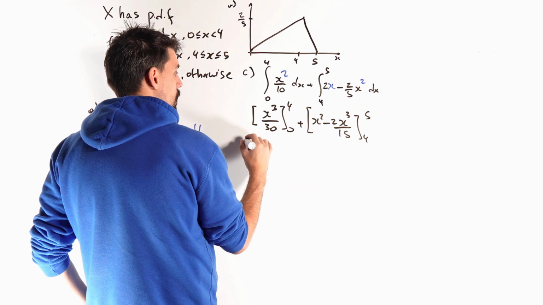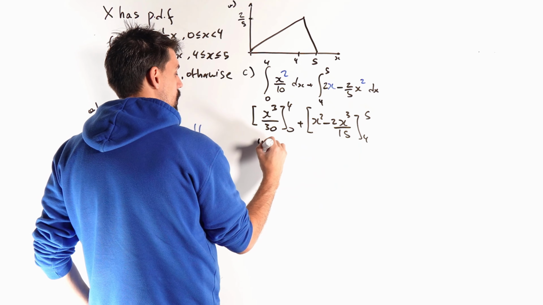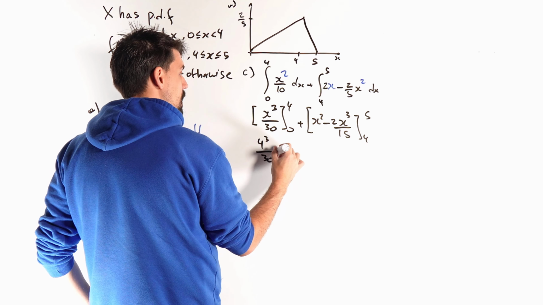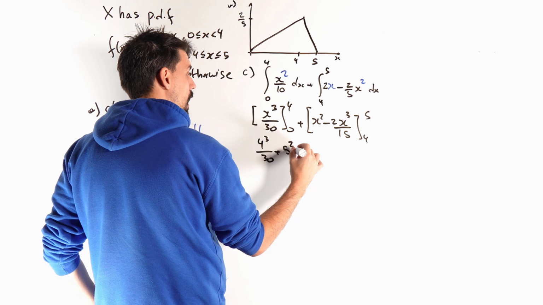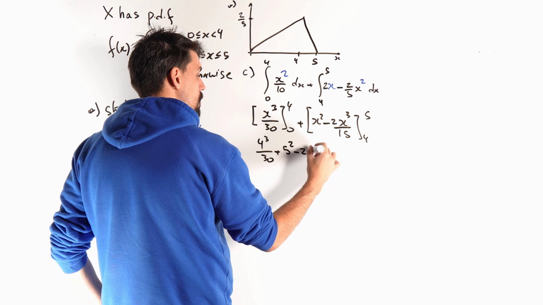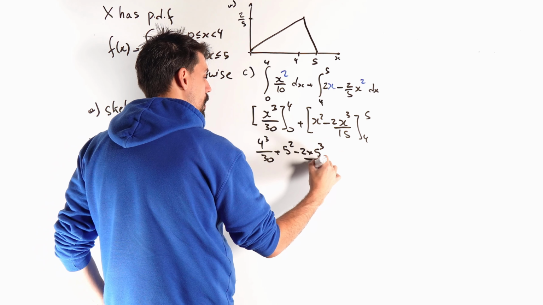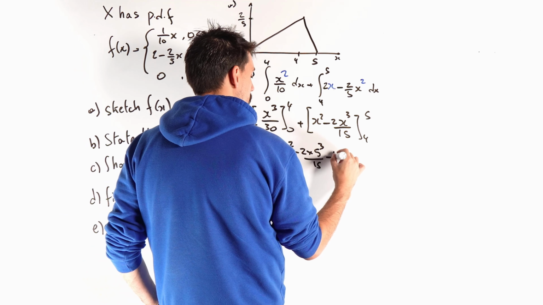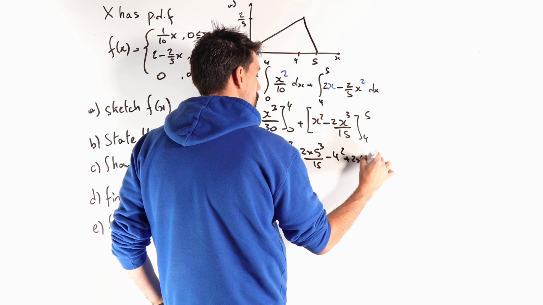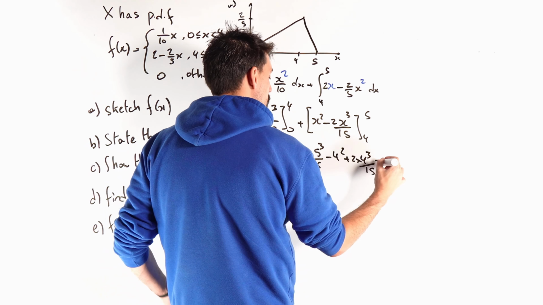So that is equal to 4 cubed over 30 plus 5 squared minus 2 times 5 cubed over 15 minus 4 squared plus 2 times 4 cubed over 15.